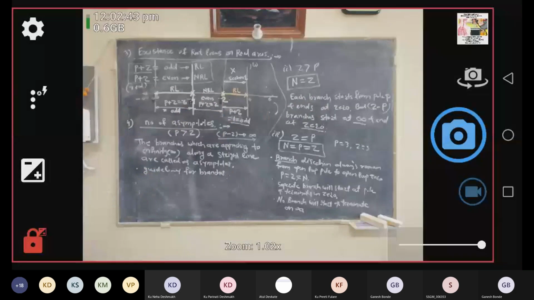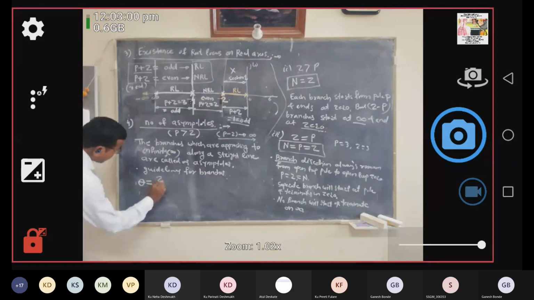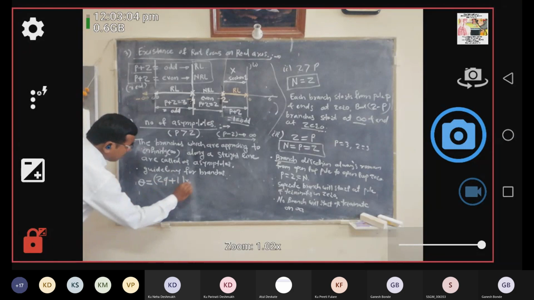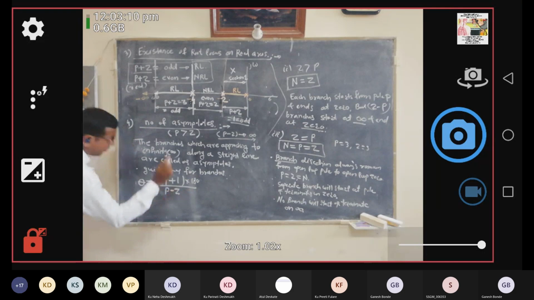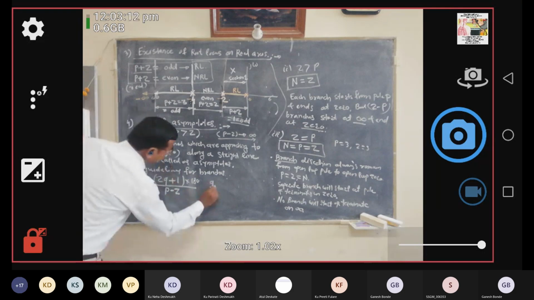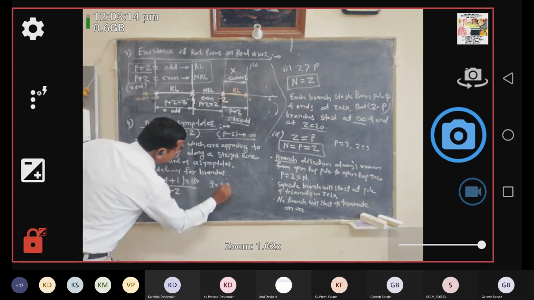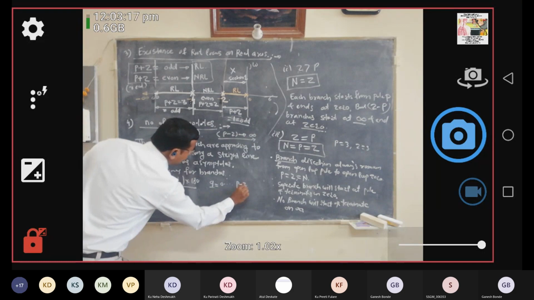Okay, then how to determine the angle of asymptotes? So we have the empirical formula, that is theta. The angle of asymptotes is given. Theta is equal to, write down the formula, that is (2q plus 1) multiplied by 180 divided by p minus z, where this q varies from 0 up to p minus z minus 1.